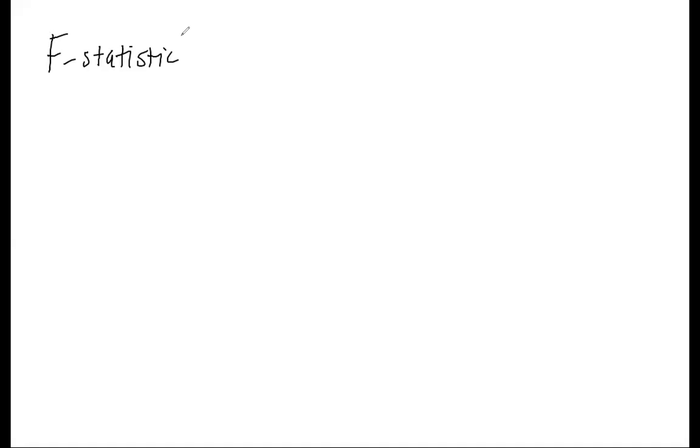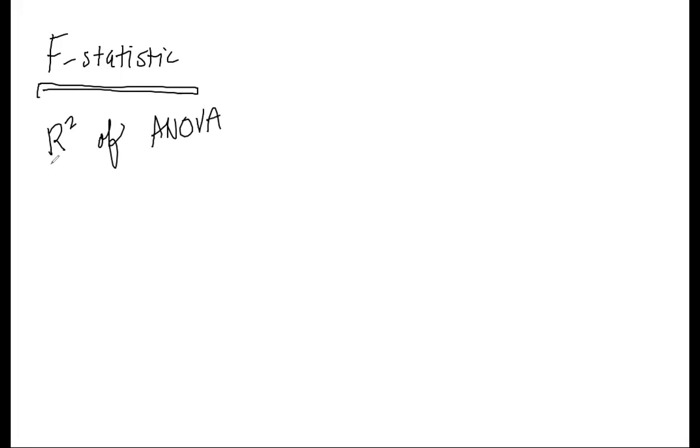Because of this, it can give you some idea of the amount of variation that is explained by your group labels. And in fact, come to think of it, you may also look at the R square of ANOVA.